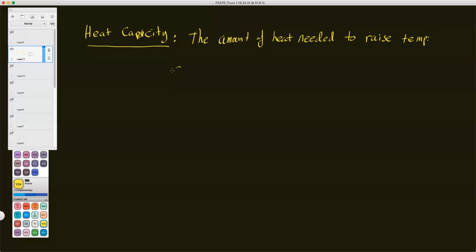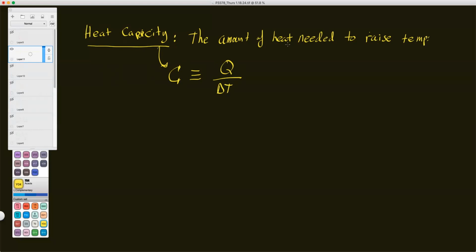You've probably seen this before in elementary physics: C is the heat capacity. It's defined as the amount of heat you need to change your temperature by delta T, in units of energy per degree. But the more of a substance you have, the more heat you need.